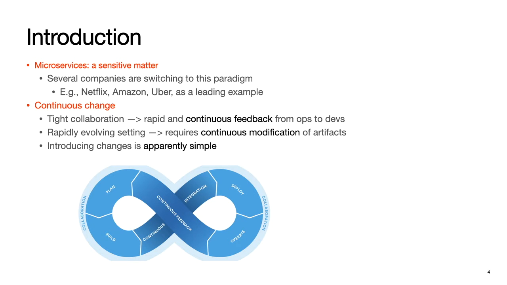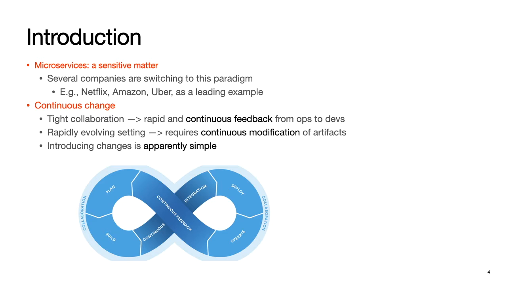The point is that microservices are a sensitive matter nowadays. Many companies are adopting microservices or are moving towards this architectural style, with leading examples like Netflix, Amazon, Uber, and so on. Companies adopting this architectural style often work in a DevOps setting. You can see the high-level schema of DevOps at the bottom of the slide.